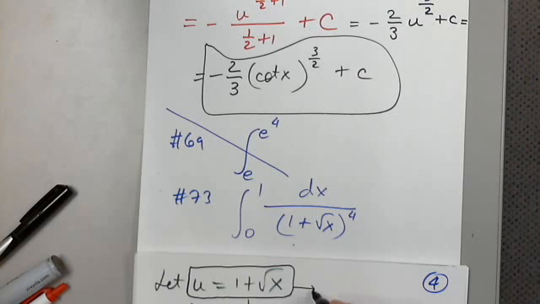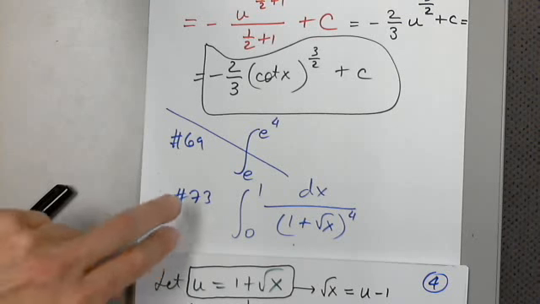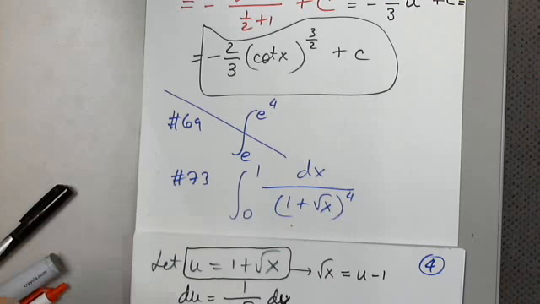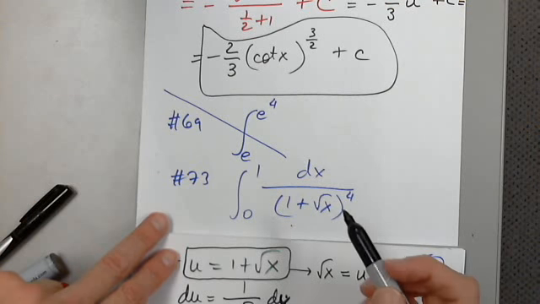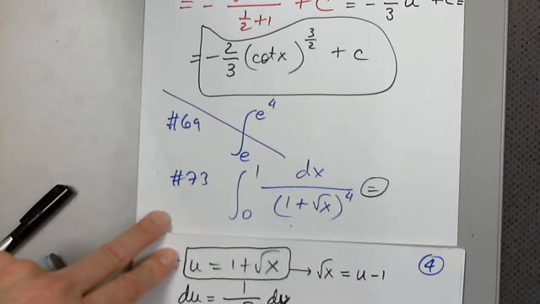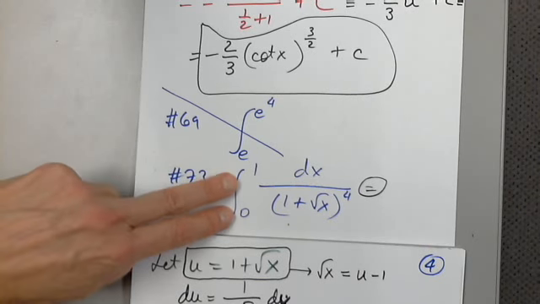I could say from here the square root of x is u plus 1 minus 1. I can't go to a third variable. Okay, so now one option here would be, do not copy the limits of integration.